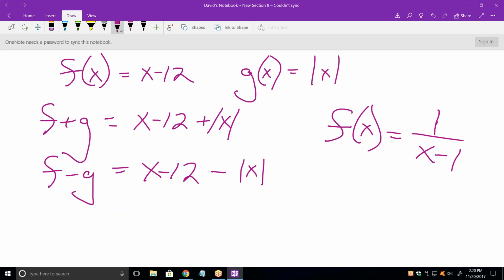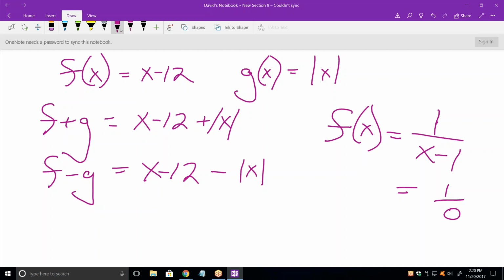You cannot divide by 0. If you remember one rule in math that's at the top of everybody's list, it's that you cannot divide by 0. So whenever you get division by a variable, you've got to make sure that the denominator is not 0. The only thing that makes it 0 is an x of 1, because then you'd have 1 divided by 0.